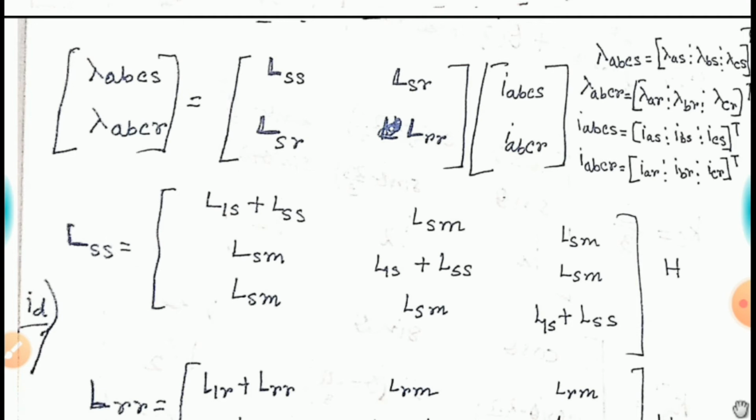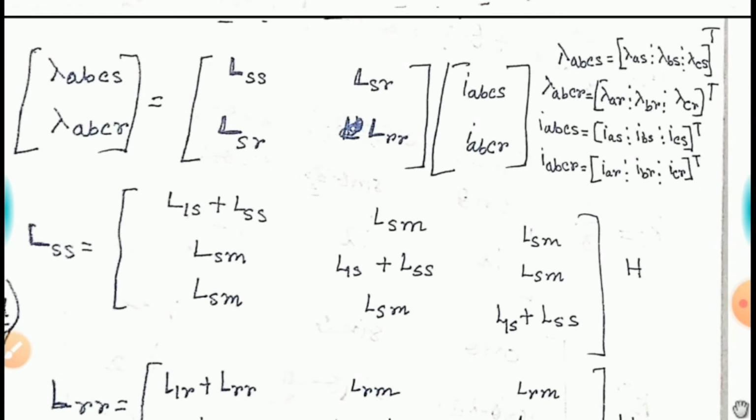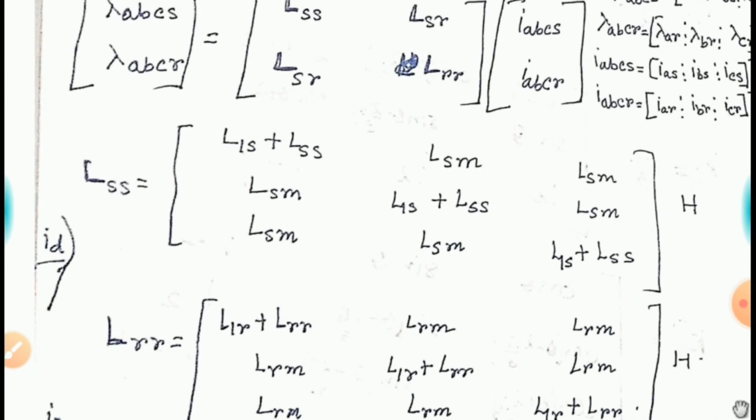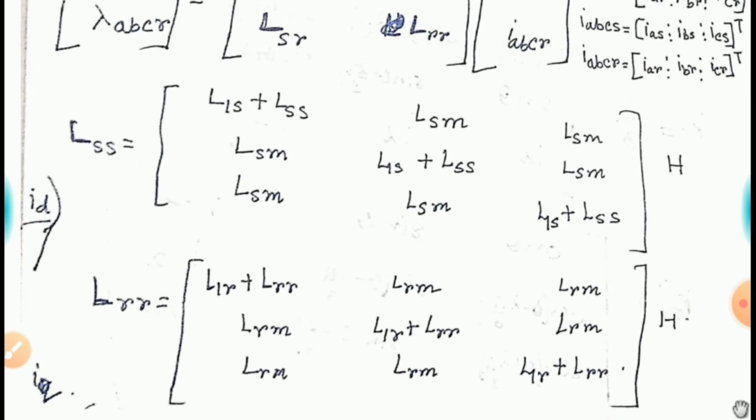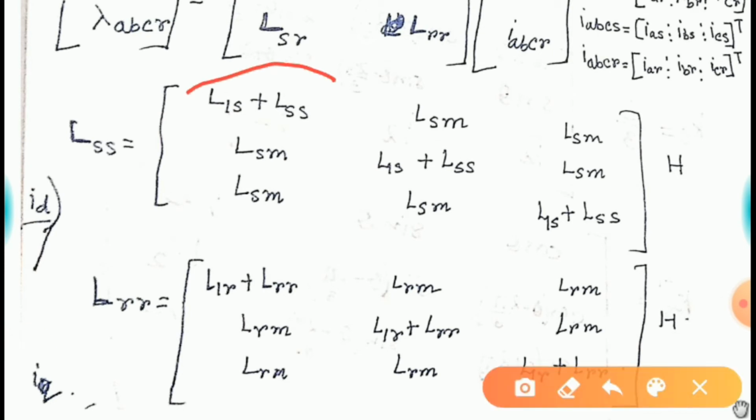So this is all about it, and here you can see this lambda abc s. You are already acquainted with the definition of these vectors: the three stator vector, three rotor vector. So there is nothing new to explain. And here one thing is important: this LLS plus LSS means leakage plus self inductance, and all the diagonal terms are like this.